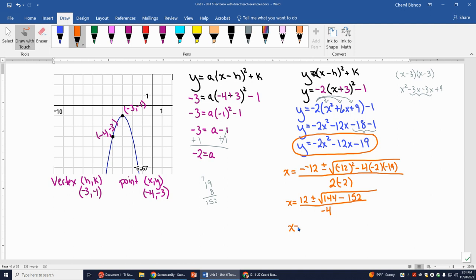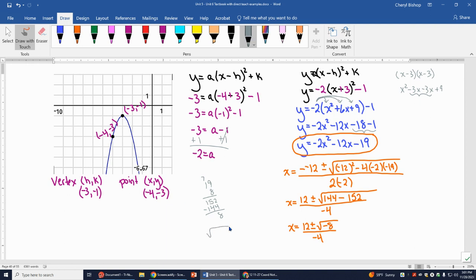So then x equals 12 plus or minus the square root of 144 minus 152. I'm going to take away the 144 here, that's just easier for my brain to do. That's going to be 8, but I know the bigger number is negative, so it's going to be a negative 8 over negative 4. Okay, I'm going to simplify the square root of negative 8.